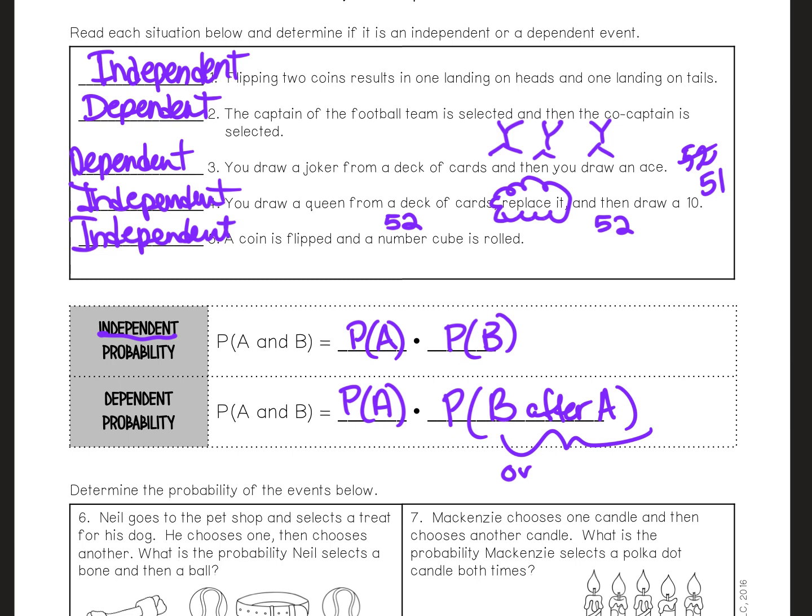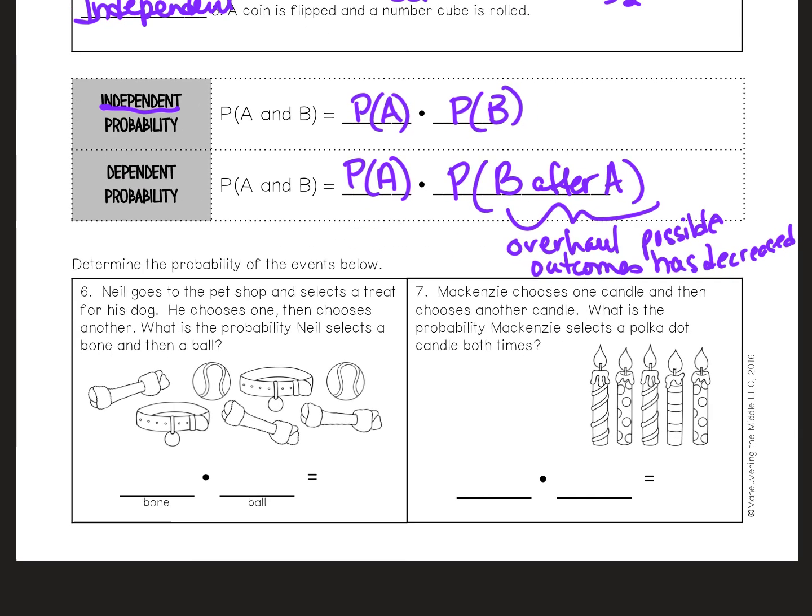That means your overall possible outcomes has now decreased. Okay, gone down, one less.